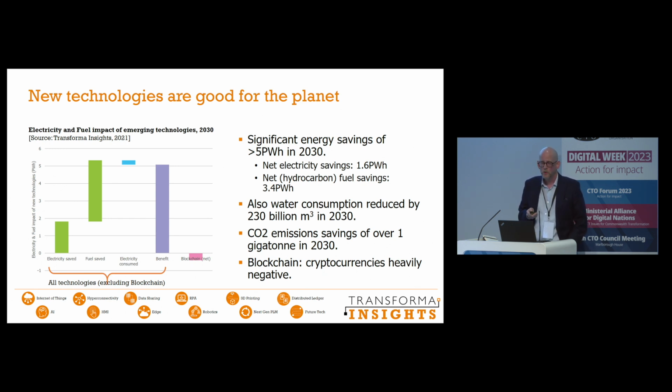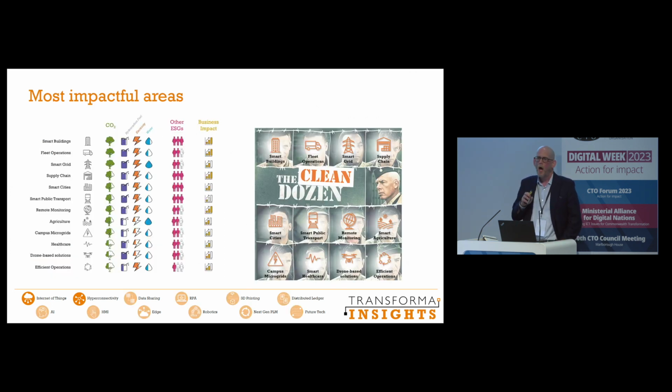The question is, of course, that's very interesting in the general perspective, but what about delving into more specifics? And we've identified what we've referred to as the clean dozen technology areas or adoption areas. Some of you, I'm sure, will be familiar with the movie The Dirty Dozen. Well, this is the clean dozen.